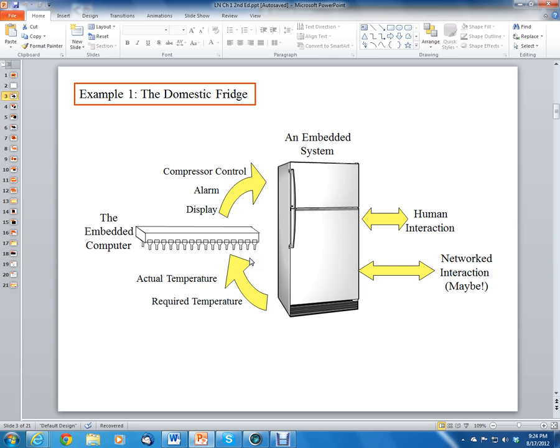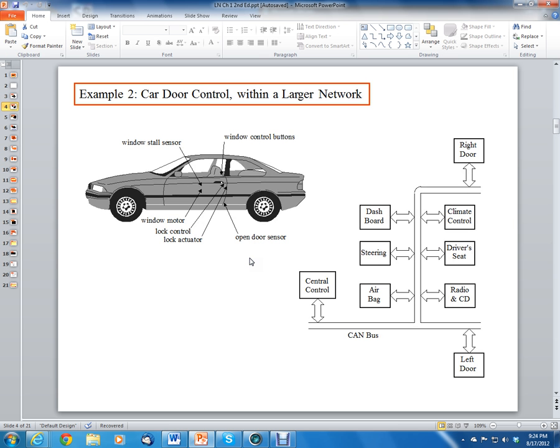Some other examples of this would be a two-door car, where you have a window motor, a lock control, an actuator, a window stall sensor, and an open door sensor. The inputs to the microcontroller would be the lock control and the buttons, and the output would be a motor that controls the window.